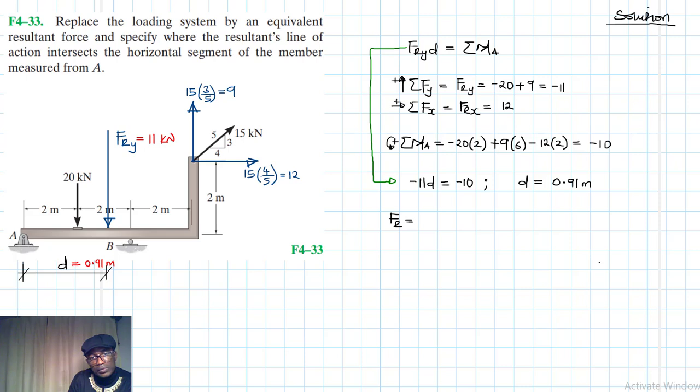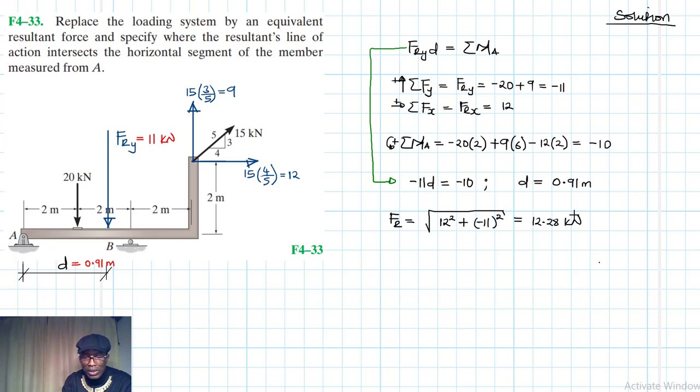The resultant is going to be equal to, using Pythagoras theorem, the square root of 12, the x component, summation of forces in the x, squared, plus negative 11 squared.